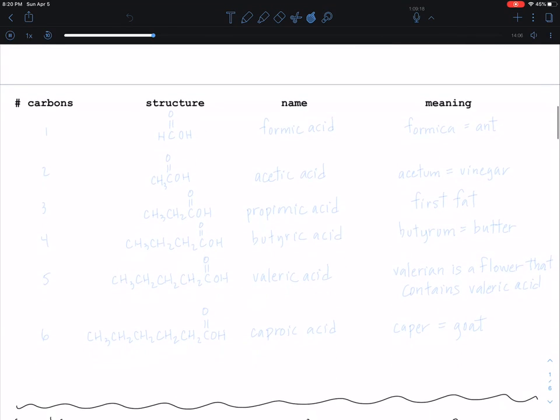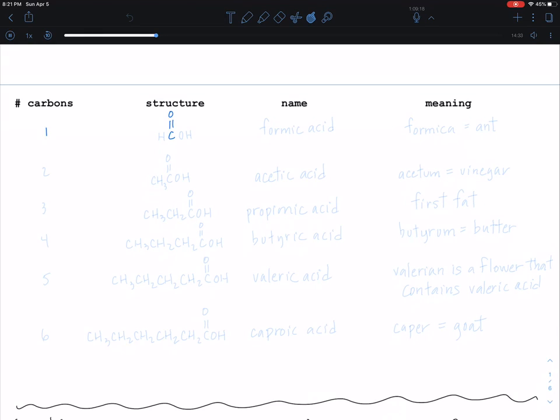With the number of carbons, I'm just going to start with the smallest number of carbons and work our way up. So for 1 carbon, the structure of that particular carboxylic acid, roll it all back to methane, right? Just 1 carbon, 4 valence electrons. And so with that, we're going to take our carbon, begin with your carbonyl, because all these are going to have a carbonyl.